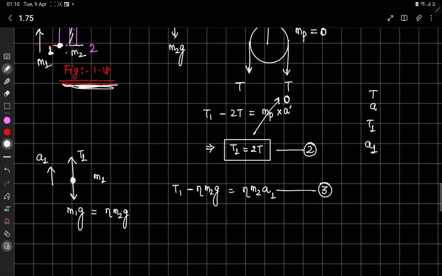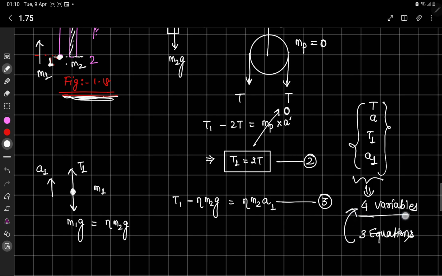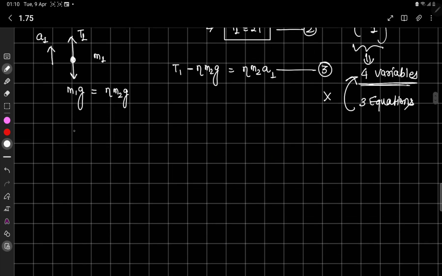So basically, if we look at these variables, we have four variables but only three equations, and with three equations we would not be able to determine four variables. Therefore we need one more equation, that is called the constraint equation.